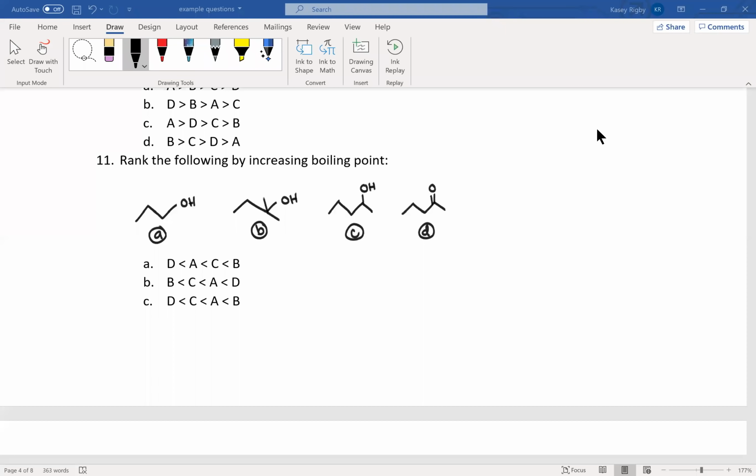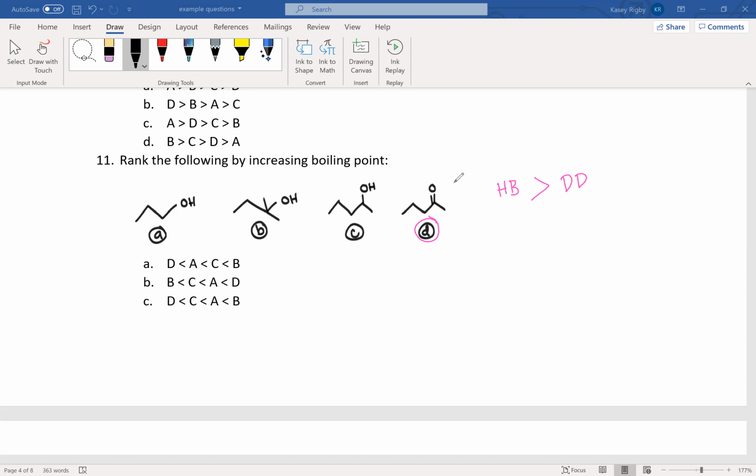All right, it's time to go over these bad boys. So rank the following by boiling point. If you recall, if we're looking at these intermolecular forces, we can see that hydrogen bonding, HB, is better than dipole-dipole action. So we can immediately see that D, since it doesn't have any hydrogen bonding, is going to have the worst boiling point, so it's going to be the first one that we see.